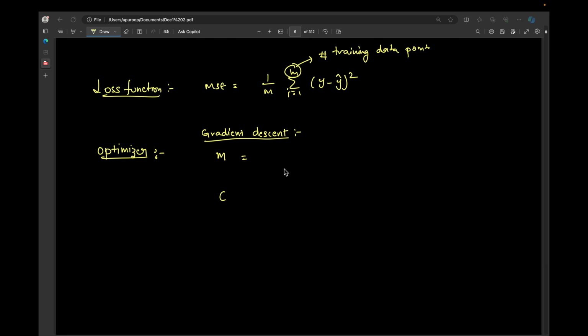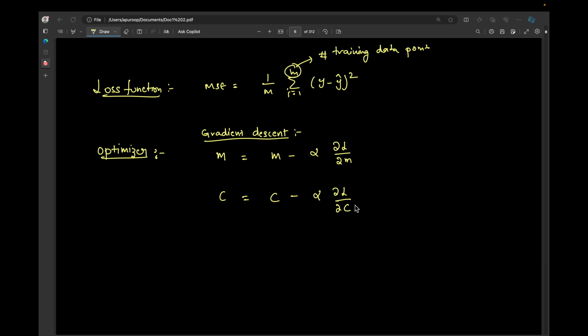Okay, so let's try to observe the formula for gradient descent. According to gradient descent, if you're having m, the update will be m equal to m minus alpha times the derivative of loss with respect to m. And similarly, it will be c equal to c minus alpha times the derivative of loss with respect to c.